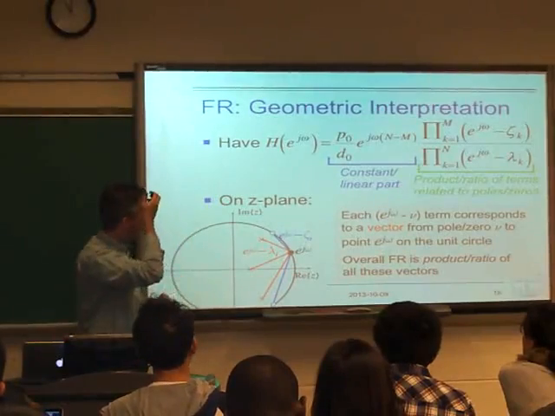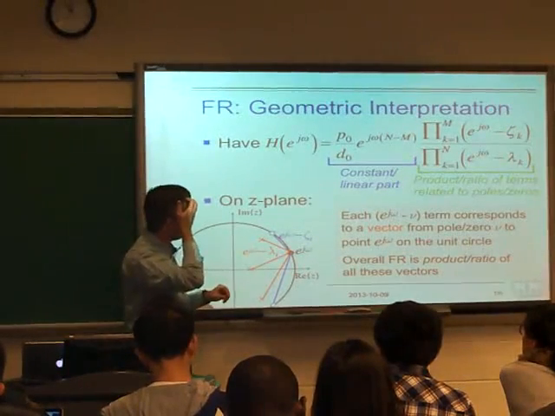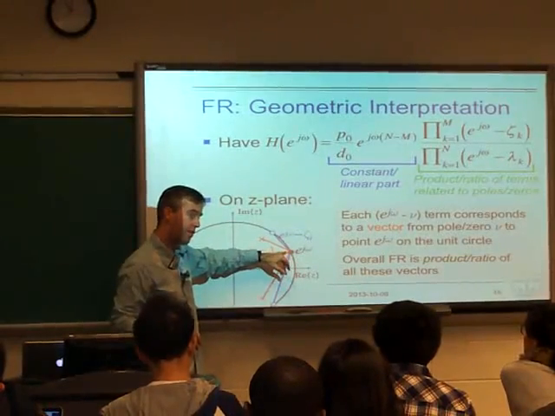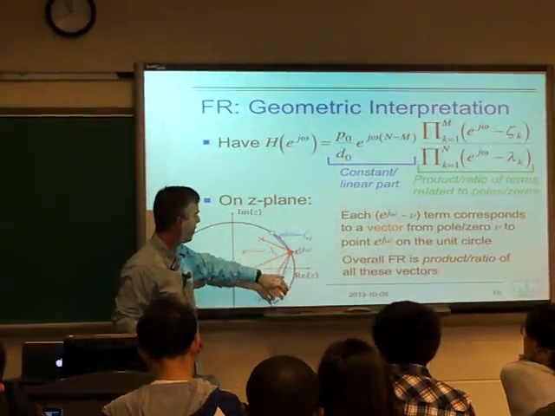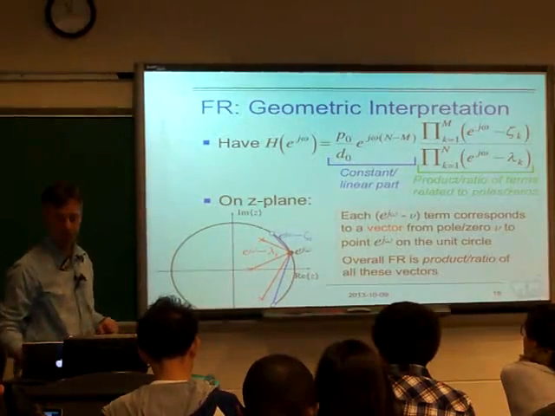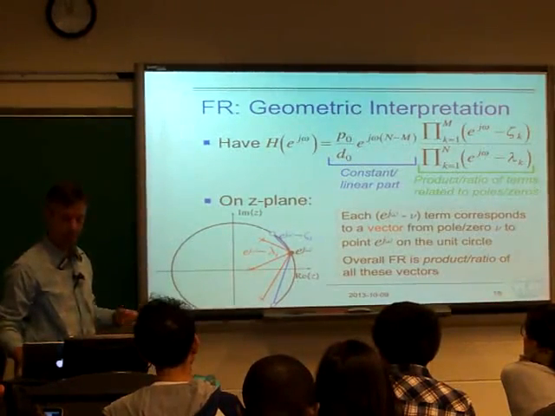So I'm calling this the geometric interpretation because now we're going to be able to get the actual values of the frequency response, the magnitude and phase response, by thinking about these vectors in a geometric construction.